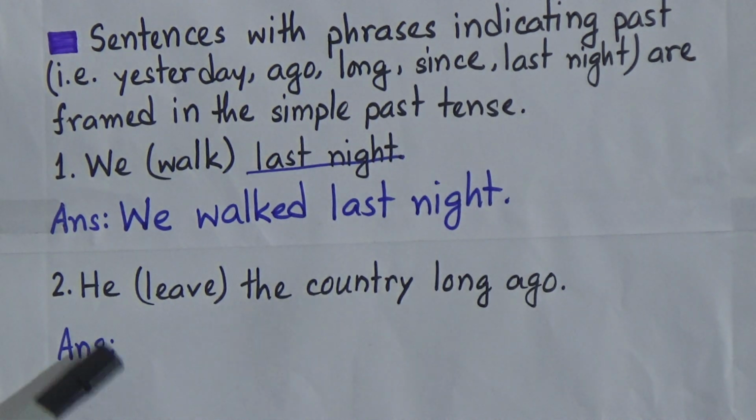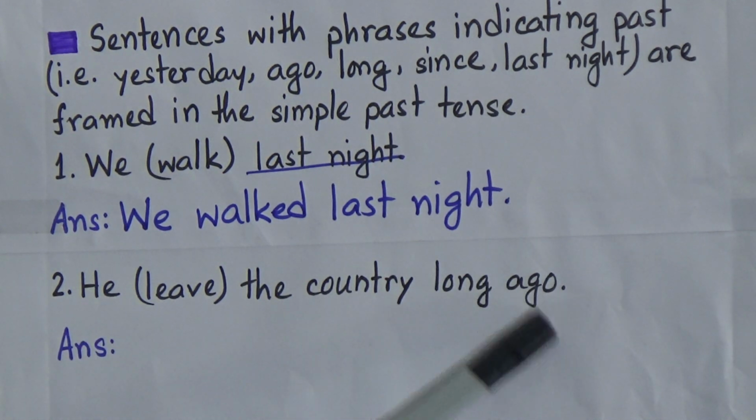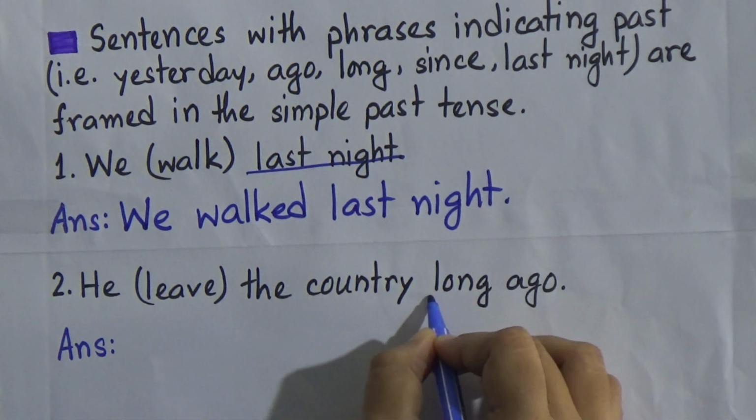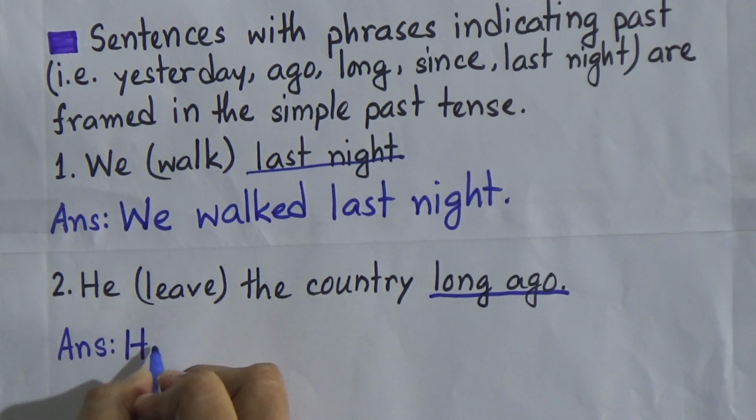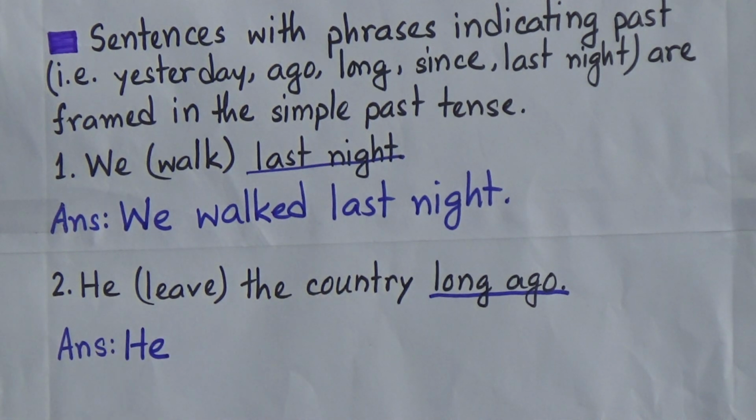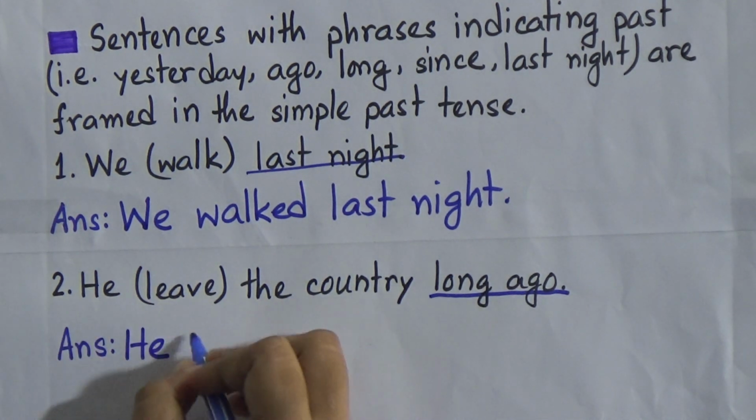Now the next one: he left the country long ago. Now look, there is the phrase long ago. So our sentence will be in the simple past tense or past indefinite tense. At first we will write the subject here, he, and now the verb is leave, and we know that the past form of the verb leave is left.